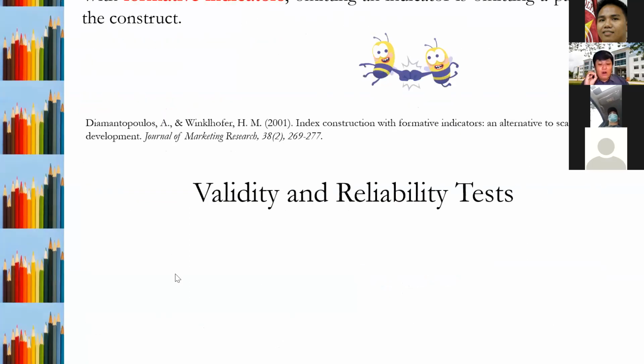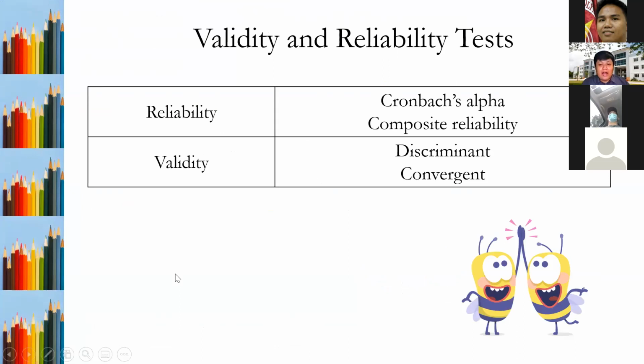Next, let's try to evaluate or assess the importance of reliability and validity. Now, if, for example, you will be establishing or crafting your research instrument, there are always two things that are important here. One is measuring the level of reliability, and number two, measuring the level of validity.